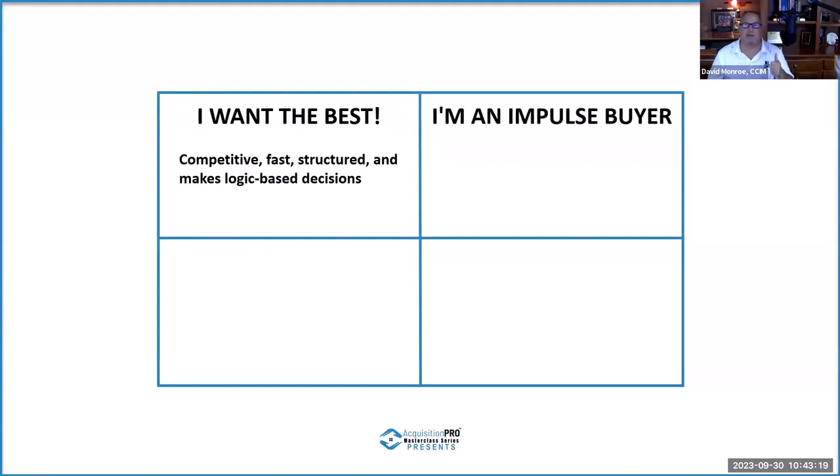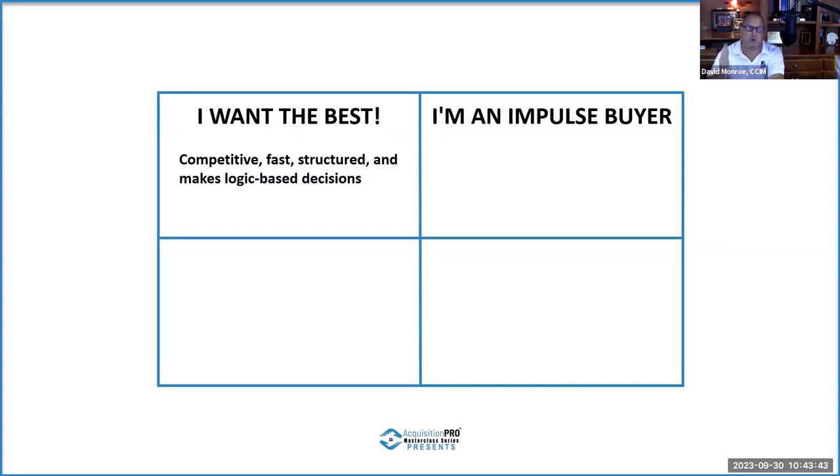Next is I'm an impulse buyer. Okay, so they not necessarily want the best. Here, they just want anything. They're the ones that when they're driving down the street, retailers love them. It's why when you see retail buildings, they're always on busy streets, and why in rural environments you don't see a lot of retail, because the streets aren't that busy.